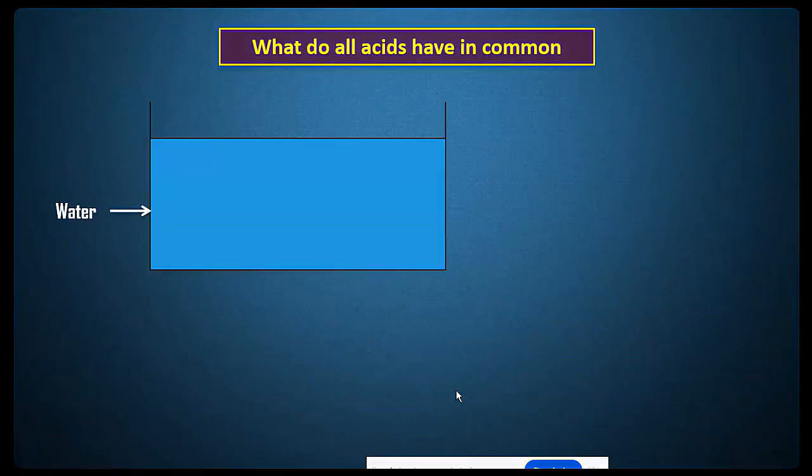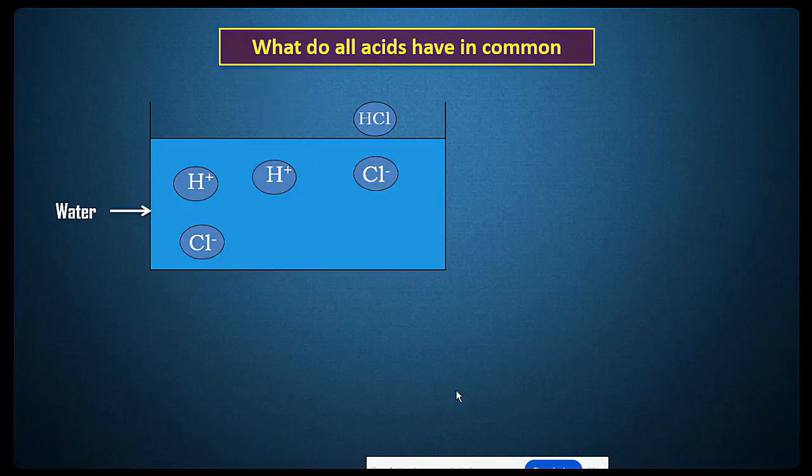What do all acids have in common? See, acid HCl. Whenever you mix it with water, both ions get separated, H plus ions and Cl minus ions. You can see here it gets diluted and it separates into H plus ions and Cl minus ions. Like that, all HCl gets separated into H plus and Cl minus ions.